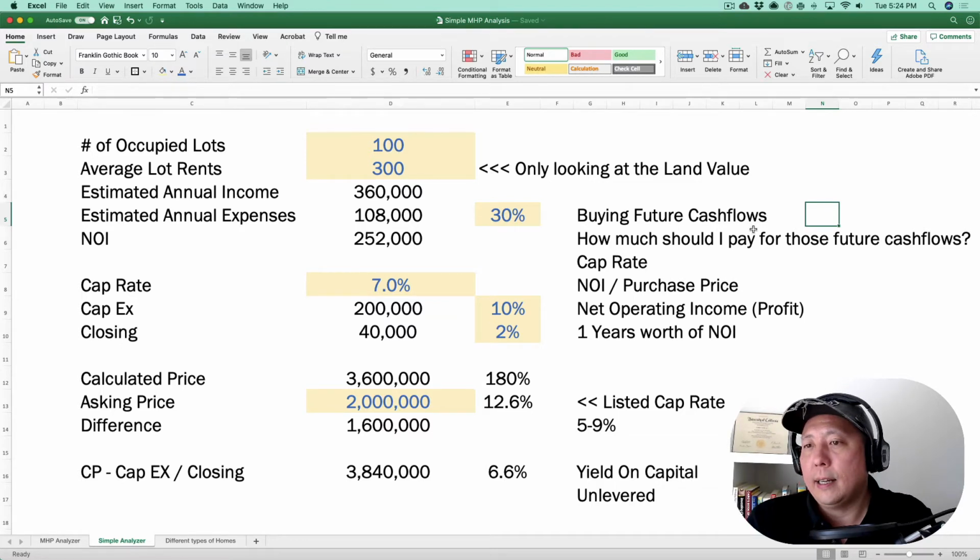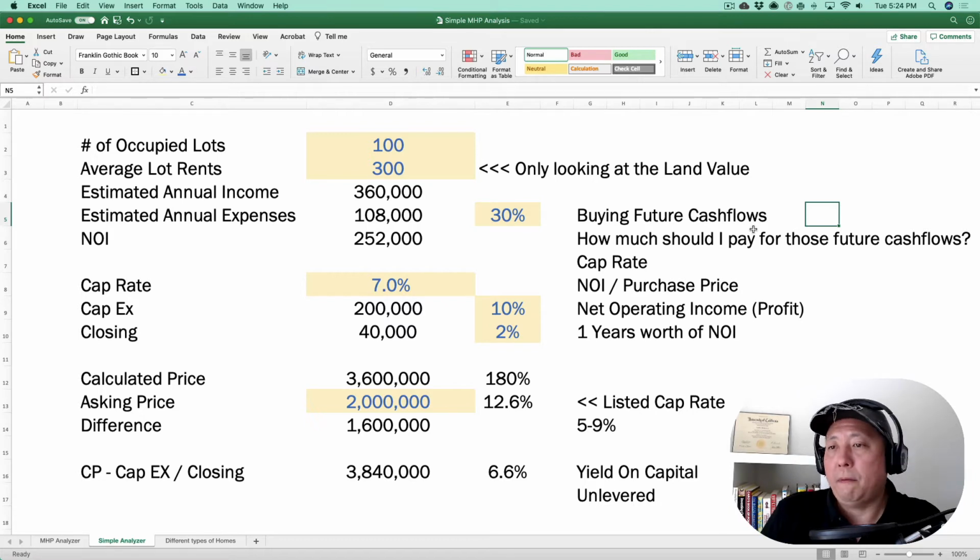The cash flows may come at the end of your investment. For example, you may be flipping a house. So you pay $1 million for a house today, and in 6 months you flip it and sell it for $2 million minus all your expenses. What's your profit left over at the end? That's also another form of cash flow that you can purchase.